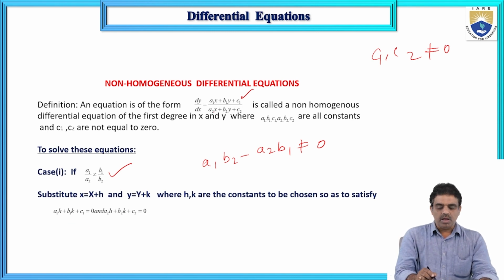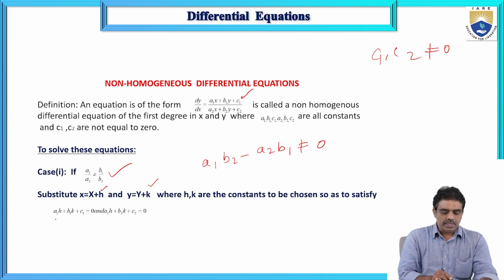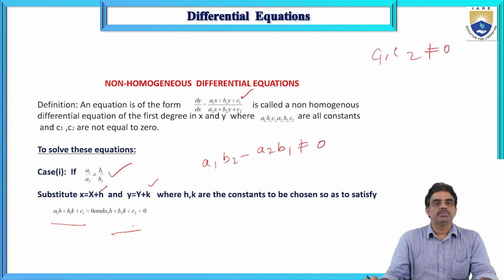Substitute small x for capital X plus h and small y for capital Y plus k, where h, k are constants to be chosen so as to satisfy a1h plus b1k plus c1 is equal to 0 and a2h plus b2k plus c2 is equal to 0.